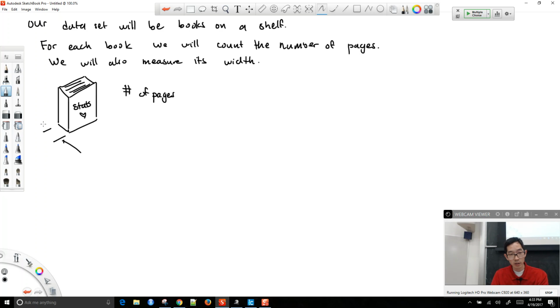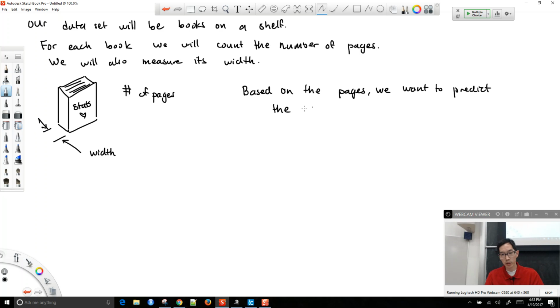Okay, so this is the width. And what we want to do is, based on the number of pages, predict the width of the book. And we'll say the width of the book will be measured in millimeters.